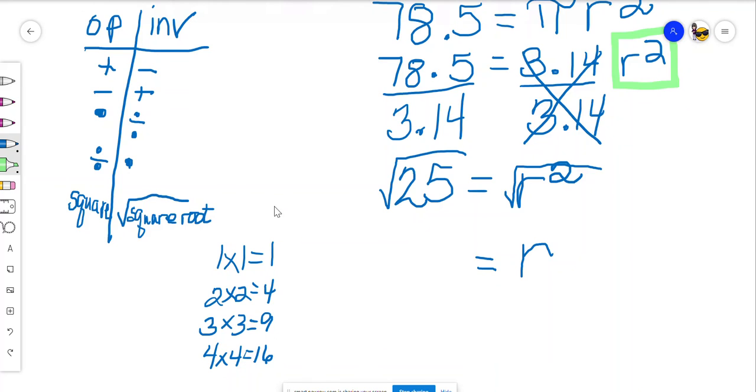All of these numbers are called perfect squares, where its whole numbers times themselves gives us these numbers. 1, 4, 9, 16. And then we get to 5 times 5 equals 25.